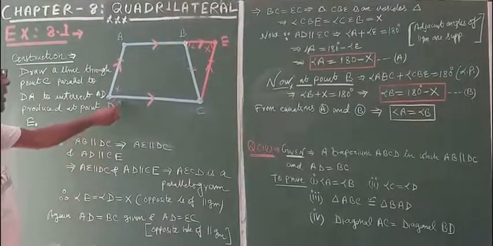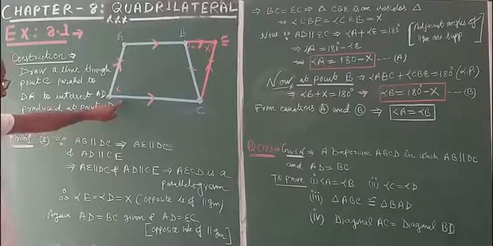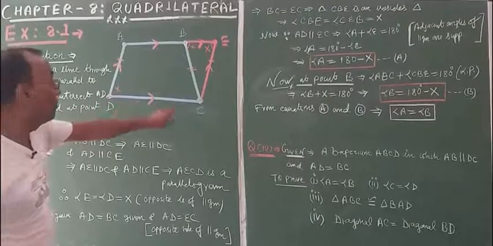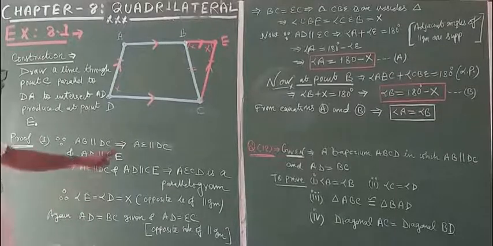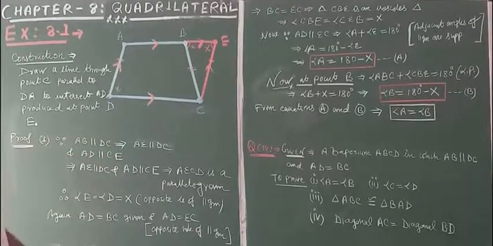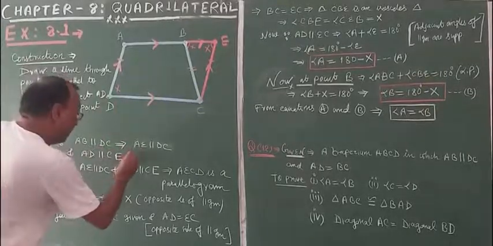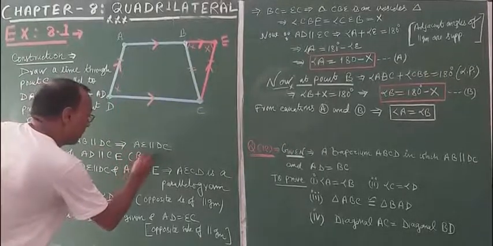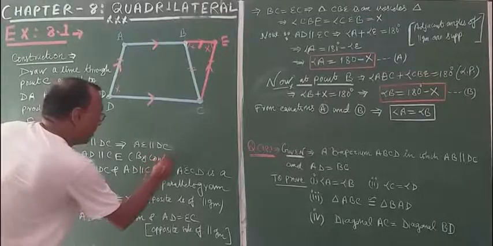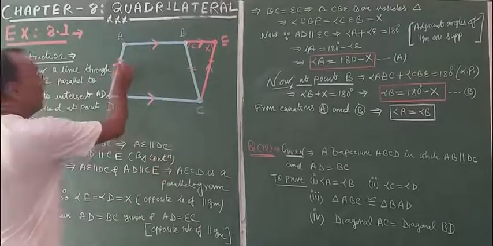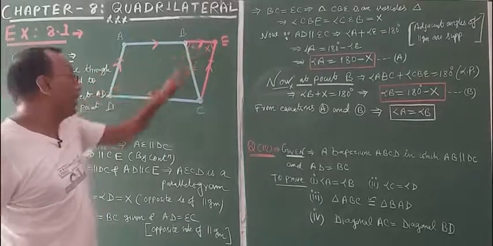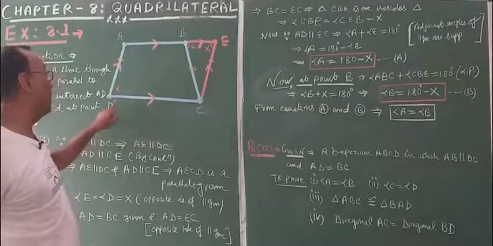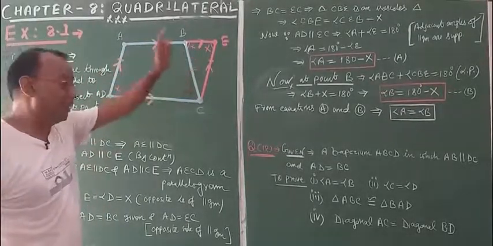Again, AD is parallel to CE. This we have constructed. So by construction, this line is parallel to this. Now just look here. AE is parallel to DC and AD is parallel to CE.